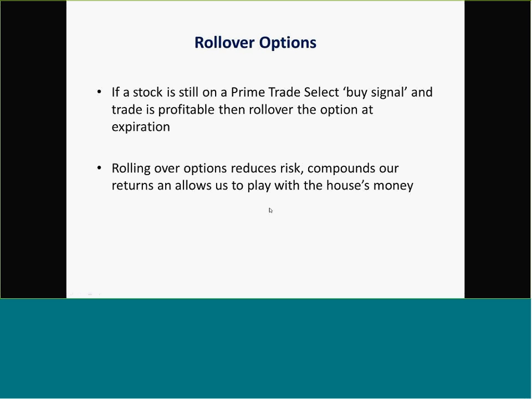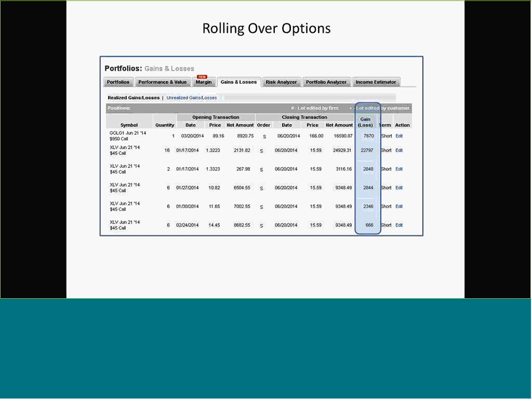And this is a closed trade report, and you can see I closed out the Google 950 strike call, and I had a gain of $7,600 on this trade. And then I also closed out the XLV, which is the healthcare ETF.